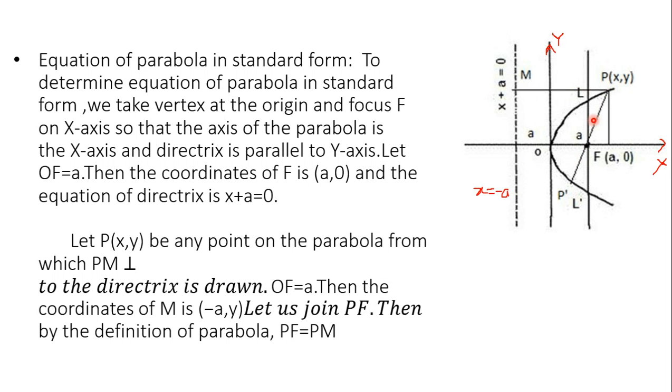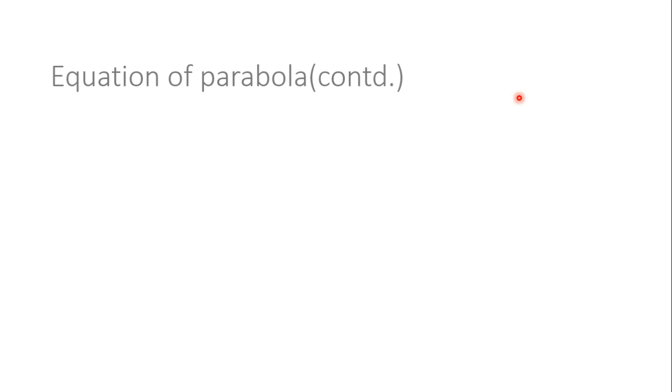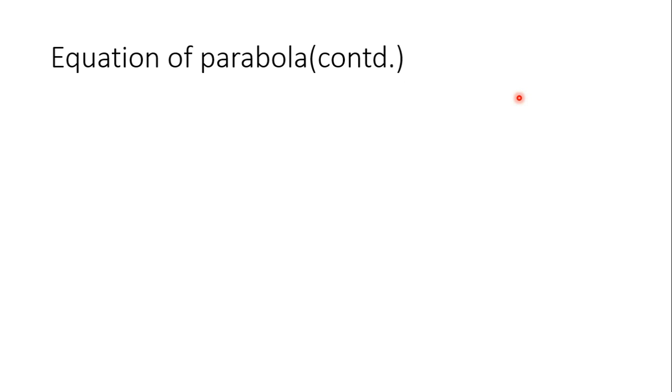The parabola is the locus of a moving point which is equidistant from a fixed point and a fixed straight line. So PF and PM are equal.